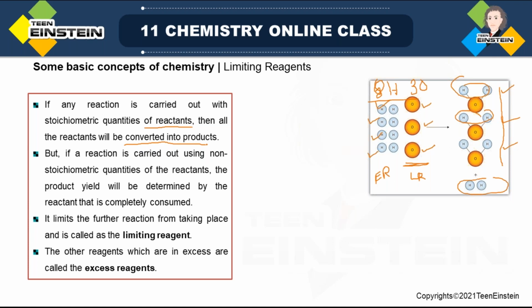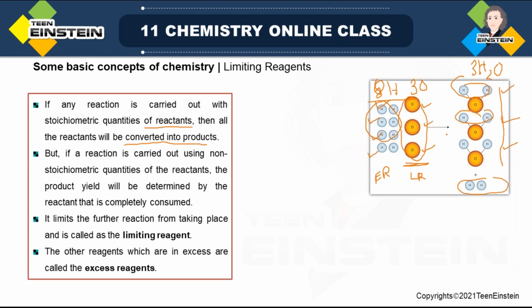For example, suppose instead of taking 8 hydrogen atoms, you have taken only 6 and you have taken 3 oxygen. Then there is no question of limiting. You are simply following the stoichiometry present in the balanced equation.